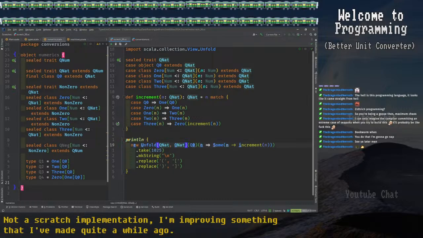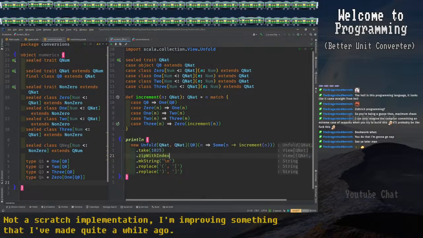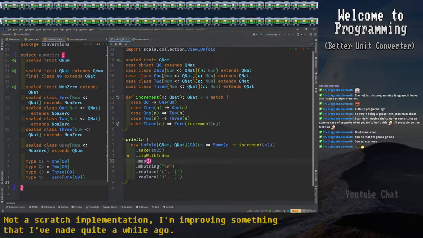Or I do dot zip with index, dot map, case x n. No, that's the... Whoops, I need n x x. There we go. Qx equals n. There we go. This should give us what we need.